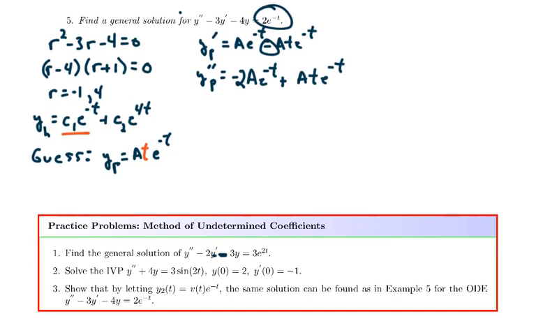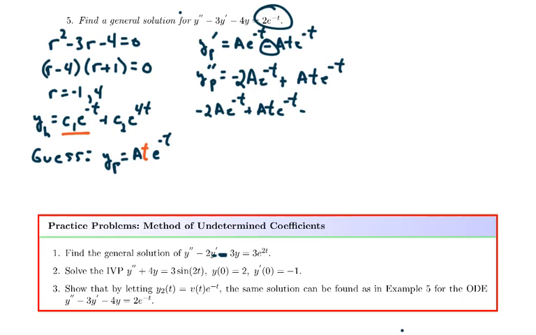Now I want to substitute in. So we have negative 2a e to the negative t plus a t e to the negative t. That is y double prime.